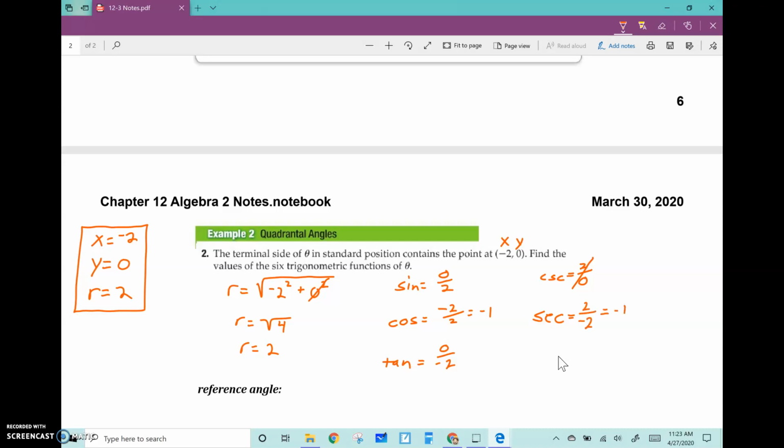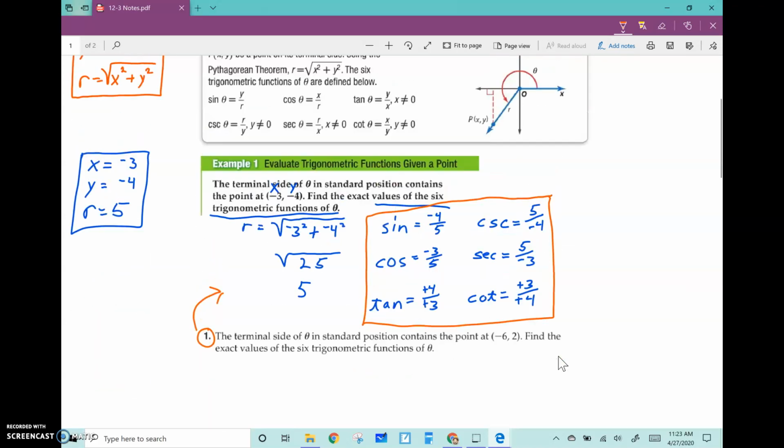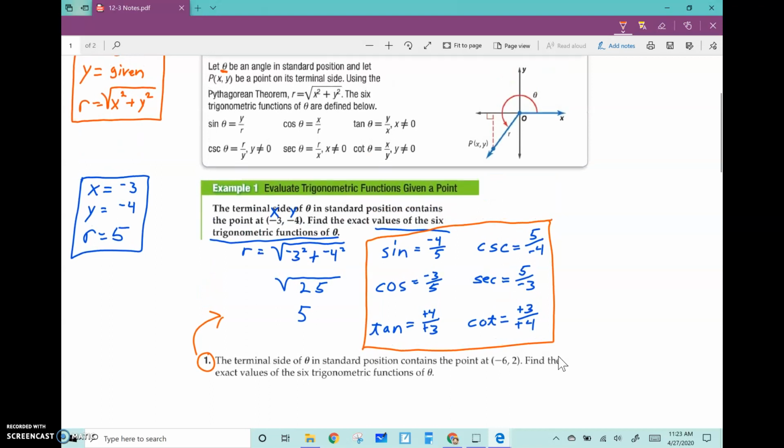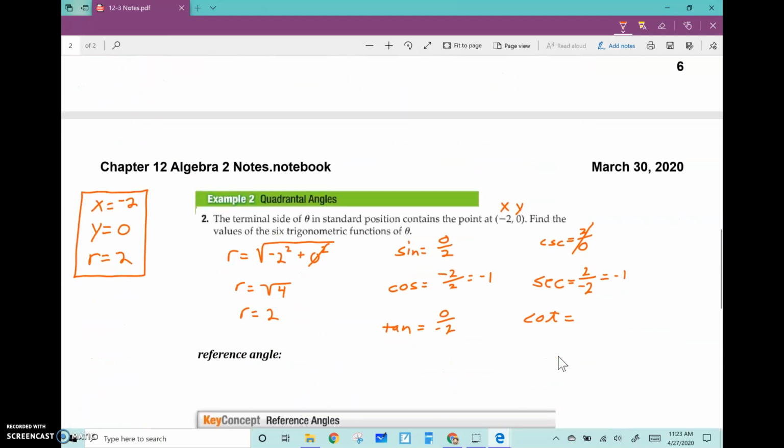Last but not least, we have cotangent. If I go back up to this chart, cotangent is x over y. So I've got x over y, which is going to be 0 in the denominator again, and I cannot do that one. All right, so out of all those, we only could use sine, cosine, tangent, and secant because I cannot have 0 in my denominator.